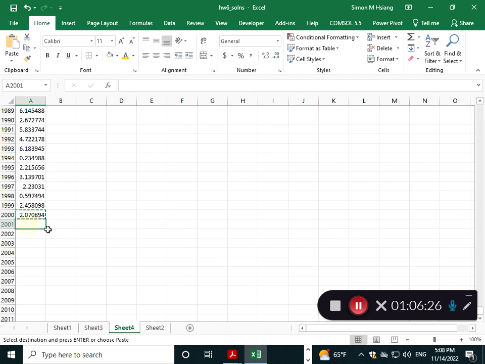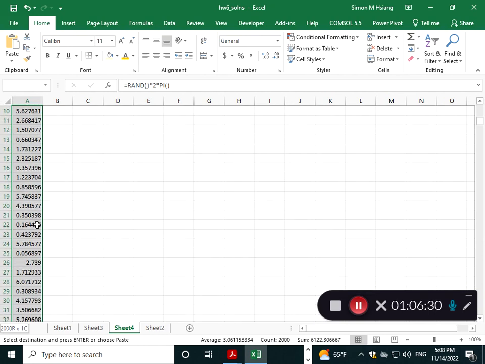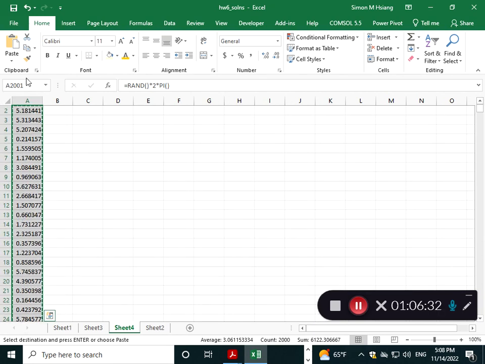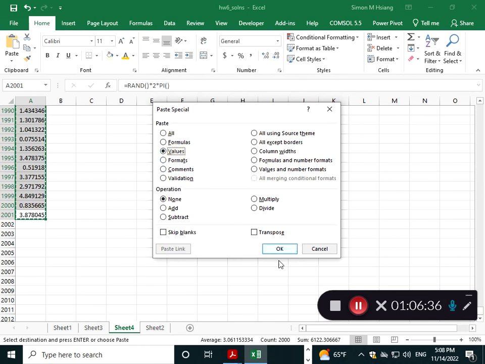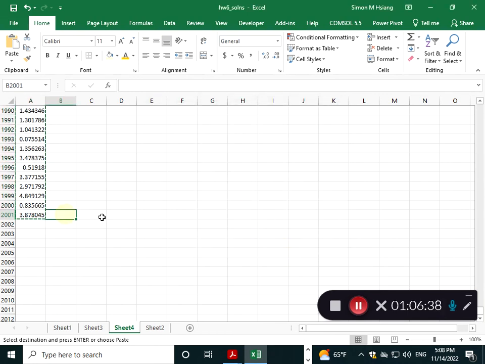Copy, paste special value to lock the value. Here is a bunch of random numbers from 0 to 2 pi.